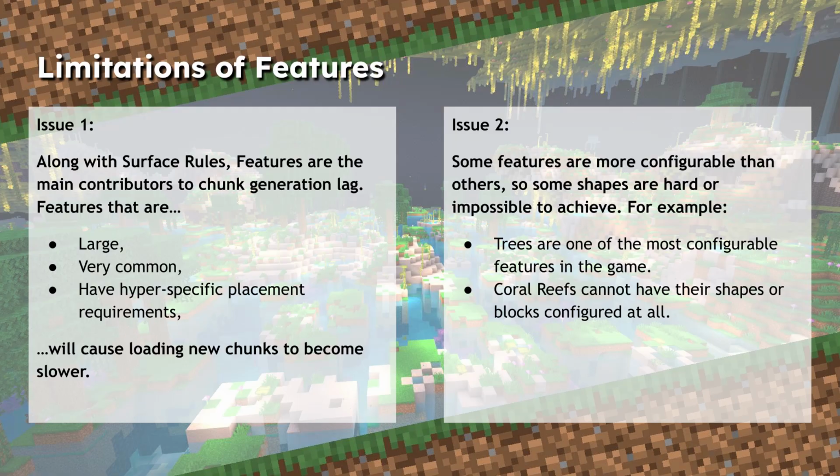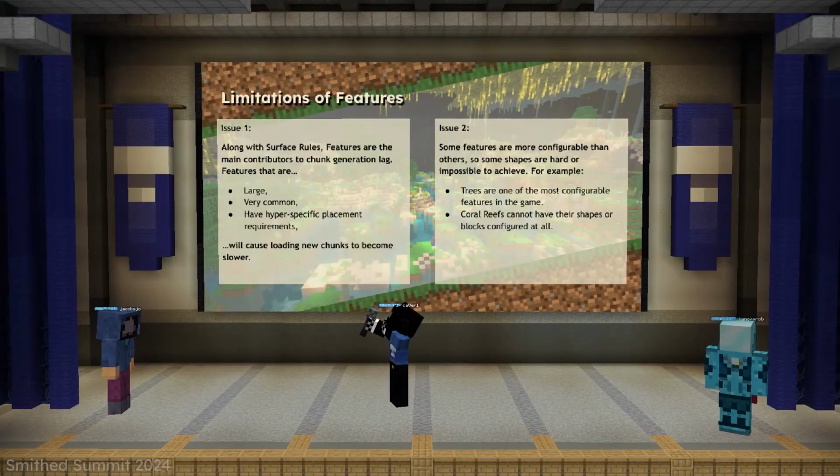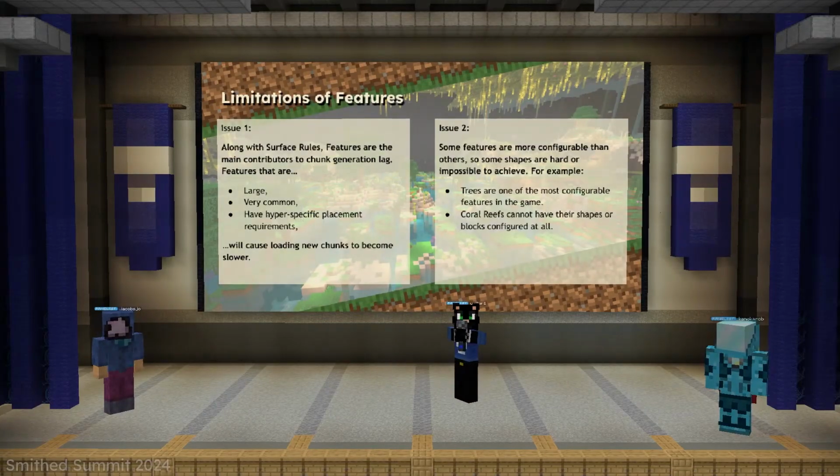But features, as great as they are, they do have limitations. First of all is performance. They can be quite laggy, because you can determine where they place. In Terralith, we used to have a feature that would place, I would think it was many, many thousand times per chunk.